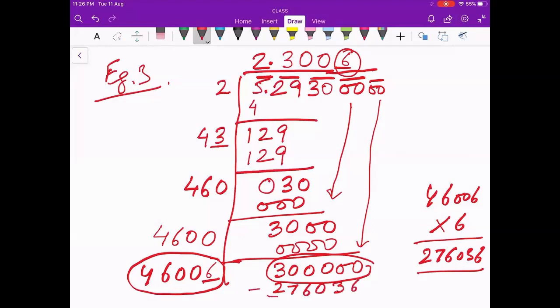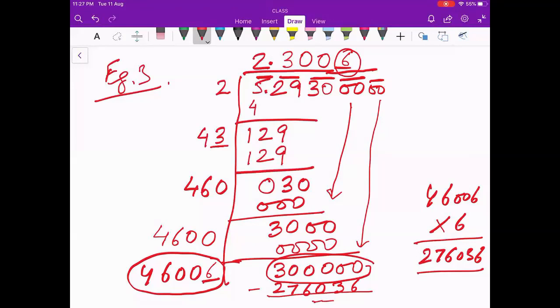And when you subtract, you will get some number here. So we are not writing that number, because our purpose is solved. We have found the square root of 5.293 up to 4 decimal places.